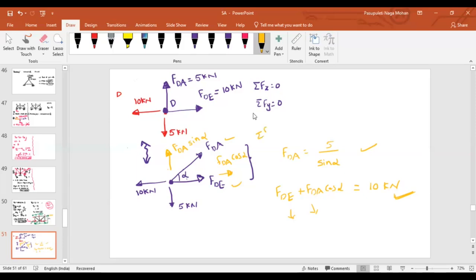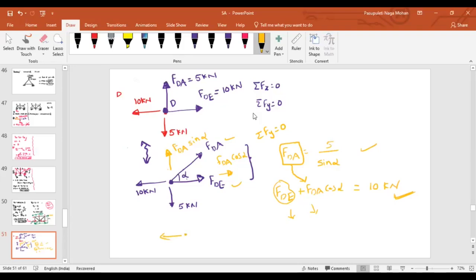In this case, if I write summation of force along y equal to 0, then I can directly find out FDA. After that, if I apply summation Fx equals 0, I can find out FDE. That means depending upon the orientation of the members, you have to think first which equation, if I write it down, gives the force directly. So you have to practice that way also.